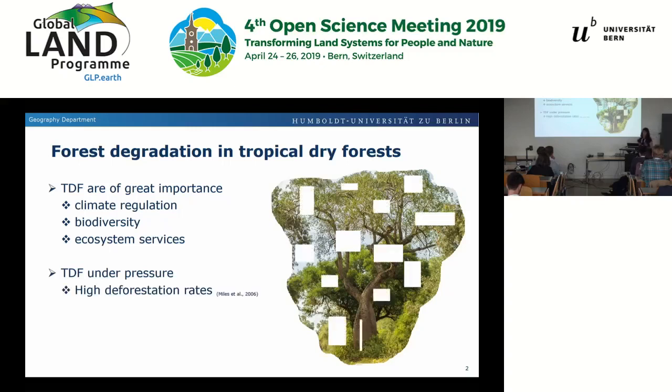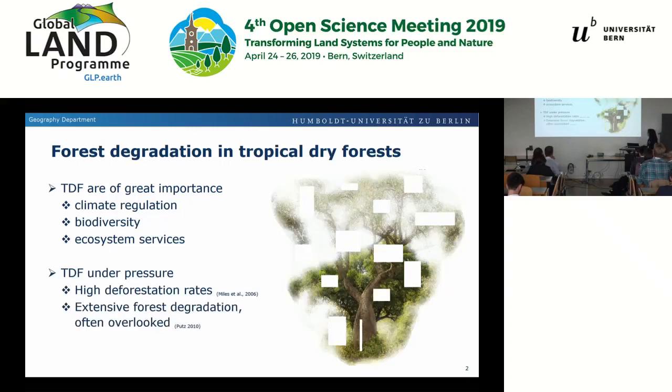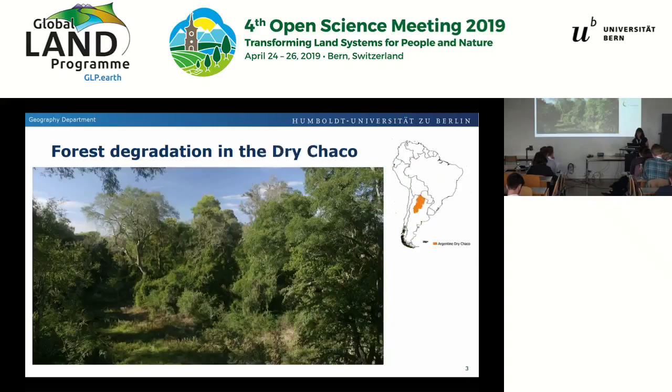They are rapidly disappearing, with deforestation rates that are by now even higher than moist forests. Apart from what is lost, the remaining forest is often affected by extensive forest degradation, as we already heard, that is often overlooked and about which we know very little, mainly because of a lack of methods to monitor it.